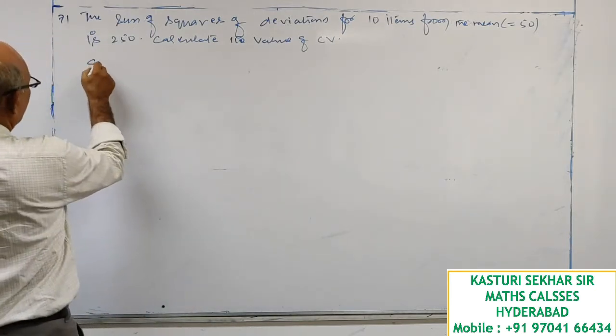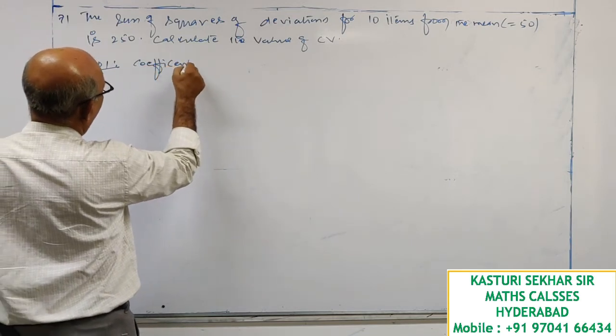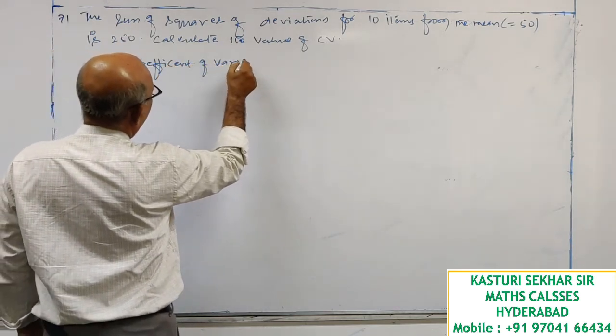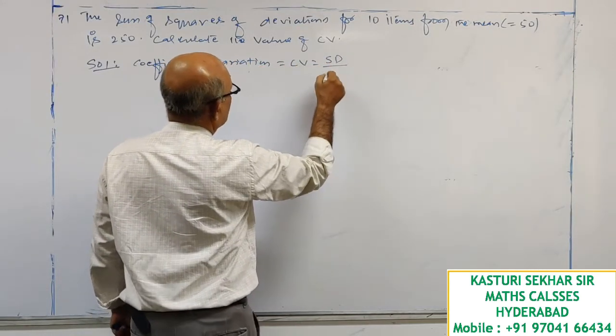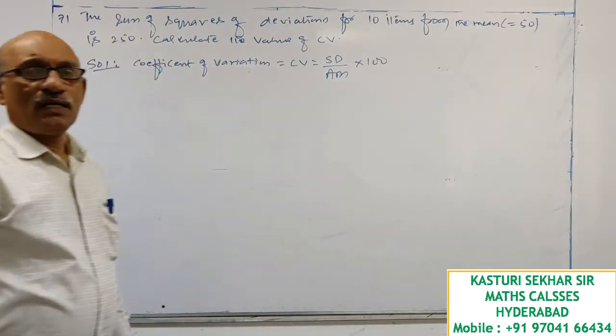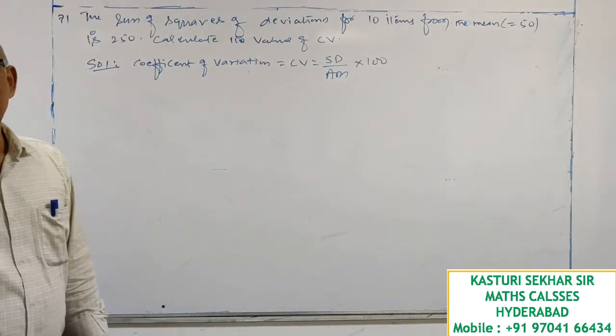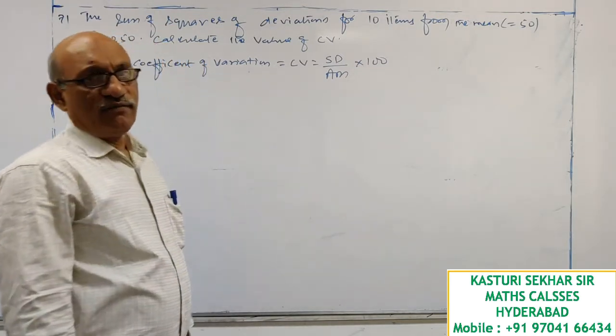Look at the solution, sir. Coefficient of variation is equal to CV, which is standard deviation over arithmetic mean into 100. The arithmetic mean is given in the question as 50.